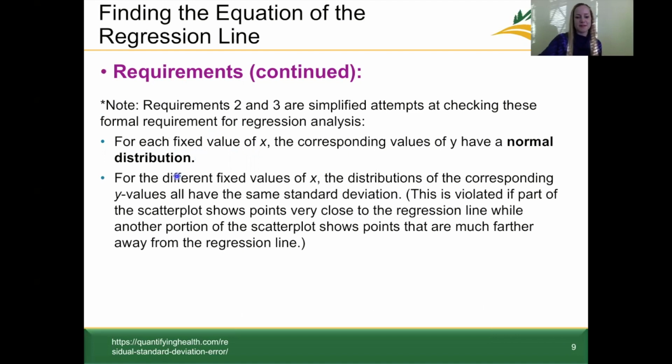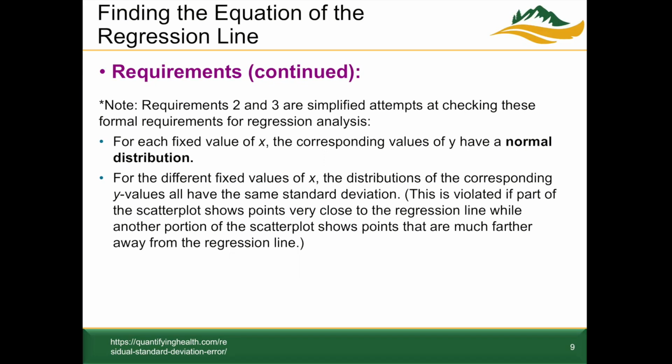Furthermore, for the different fixed values of x, the distributions of the corresponding y values all have the same standard deviation. If this point is violated, then in the scatter plot, you'll see points that are very close to the regression line, while other y values for that same x will be further from that regression line.